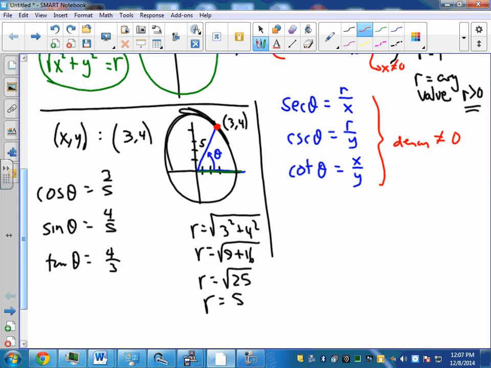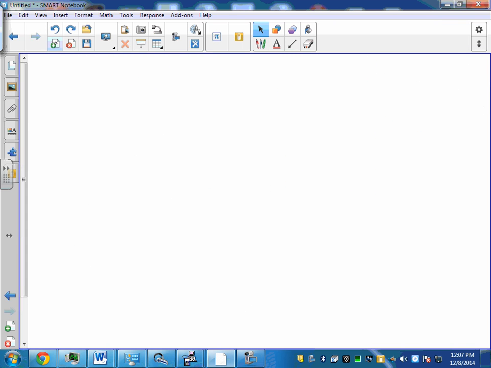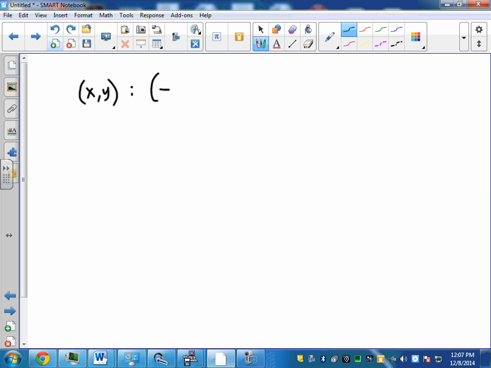Let's pick one that's down in the third quadrant just to see what happens. Again, let me pull up a new screen here. Okay, so we have an xy point. We want it in the third quadrant. So let's make x be -2 and y be -12, just to pick an ordered pair. And a quick sketch.